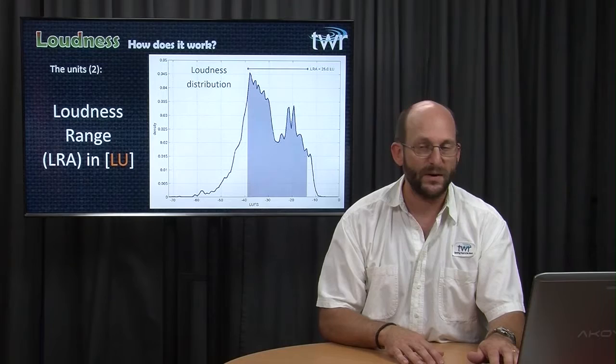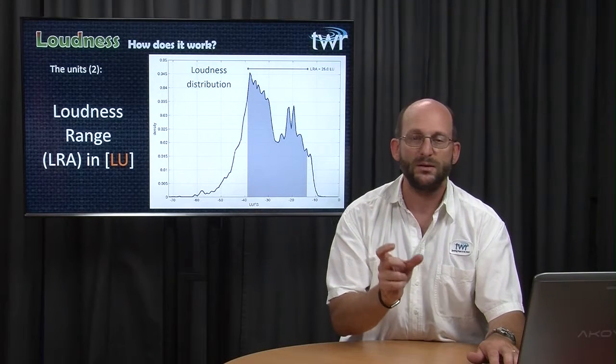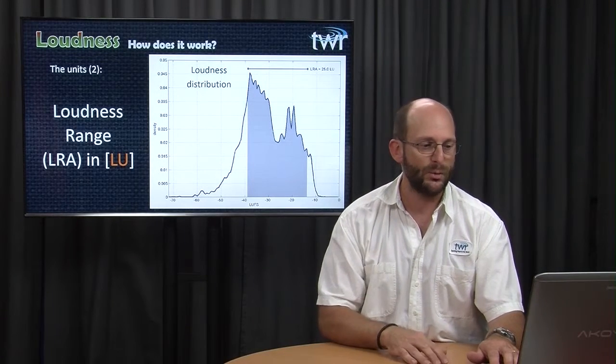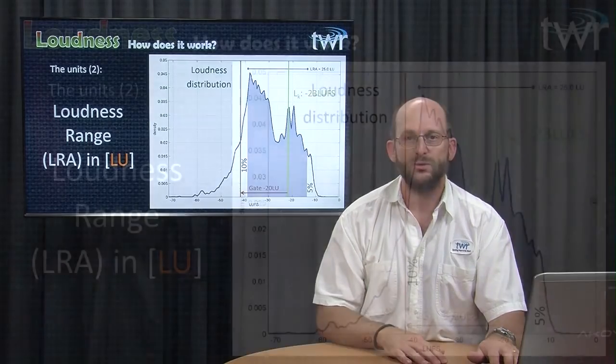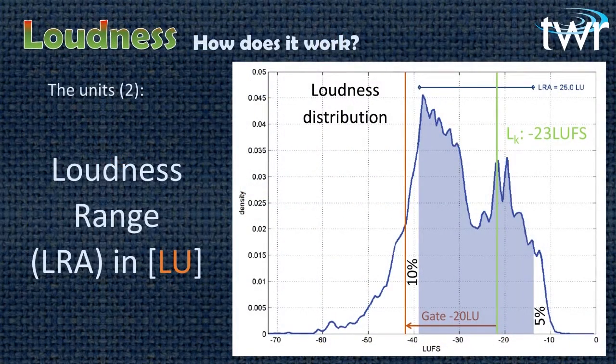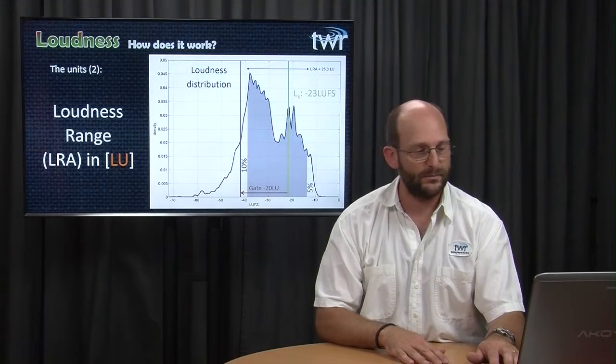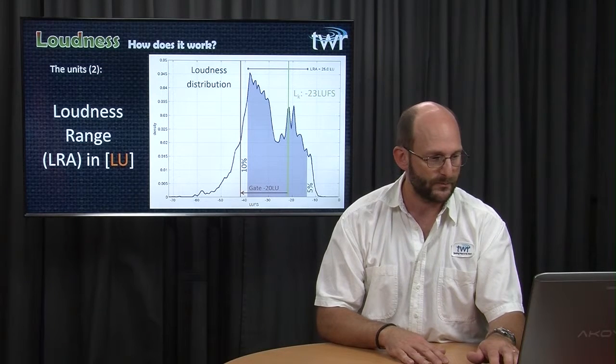And the standard defines the way to calculate the loudness range. I'm not going to go into details about how to calculate. You can read that in the standard. Just remember loudness range, and it's abbreviated LRA. You're going to see that often.